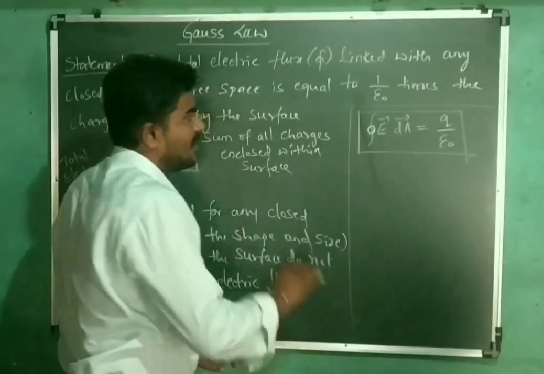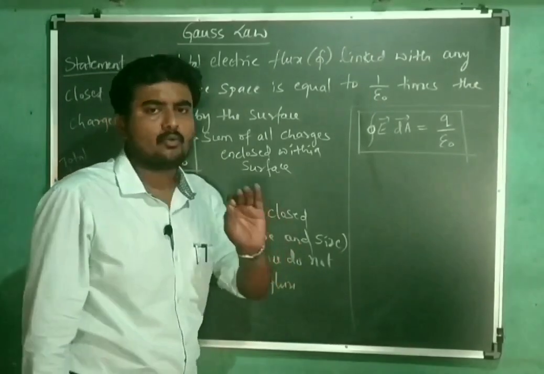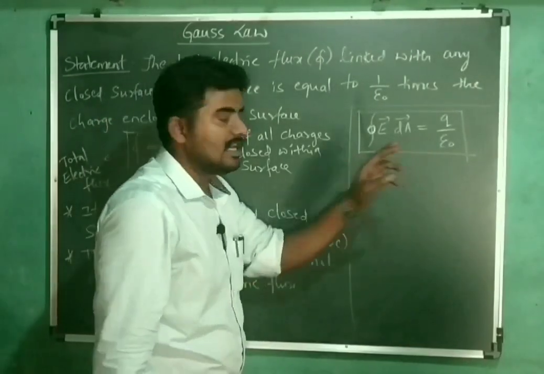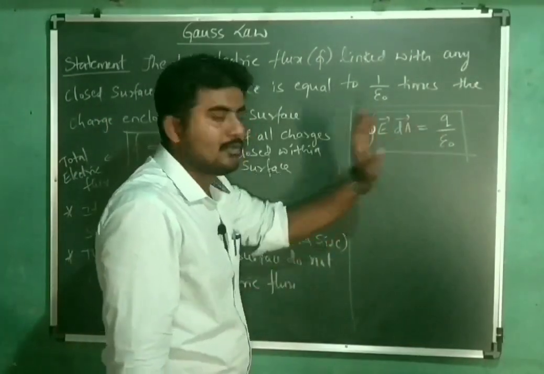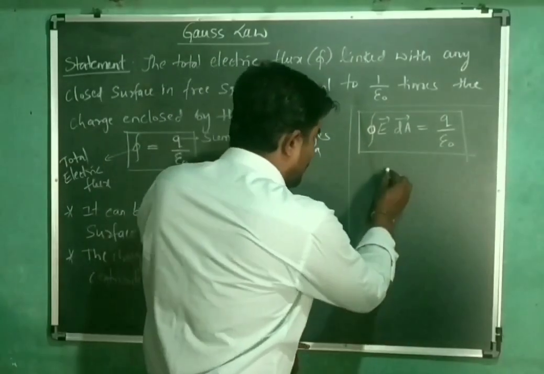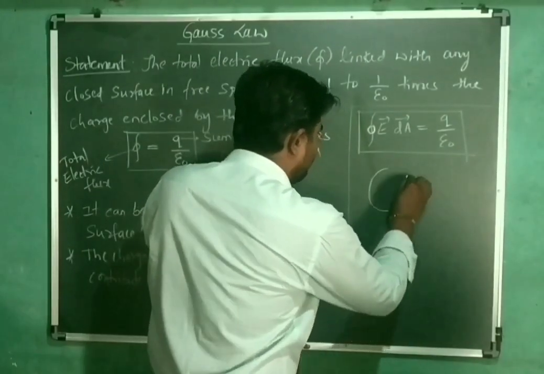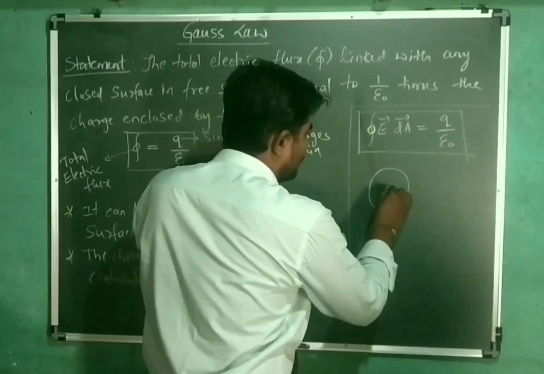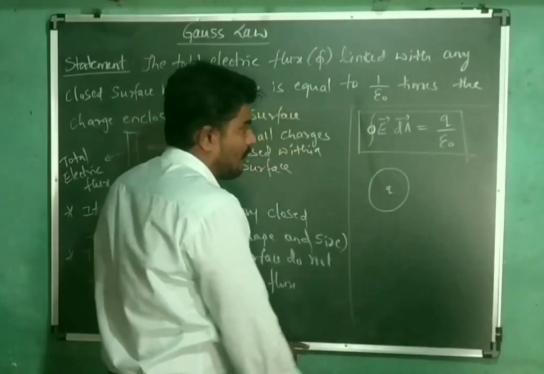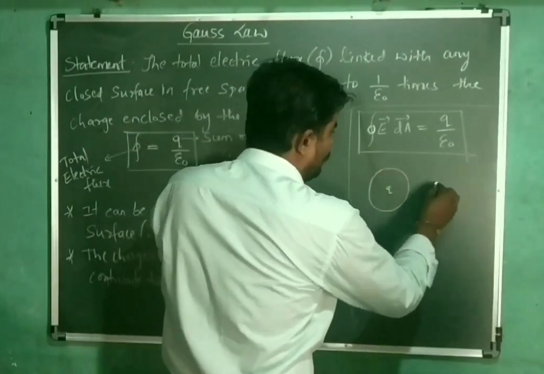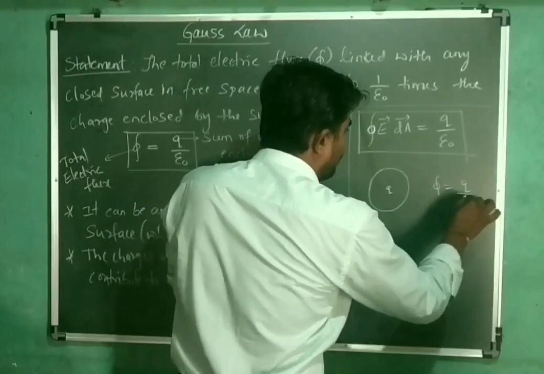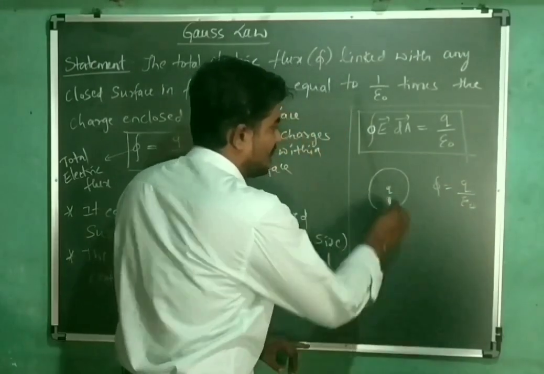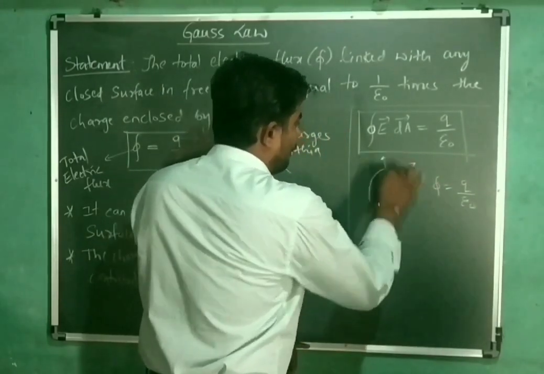And for any closed surface, if we consider only a single charge, the net flux is going to be q divided by epsilon naught. For example, if I consider a sphere and place a charge here, the net flux is going to be pi is equal to q divided by epsilon naught, because only a single charge is there, and these are electric field lines.